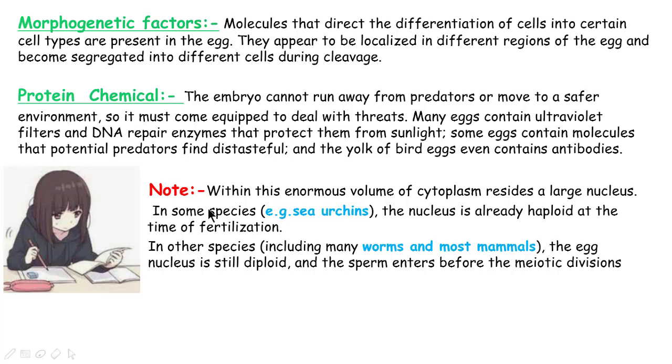Note it down. Within this enormous volume of cytoplasm resides a large nucleus. In some species like the sea urchin, the nucleus is already haploid at the time of fertilization. In other species, including many worms and most mammals, the egg nucleus is still diploid and the sperm enters before the meiotic division.